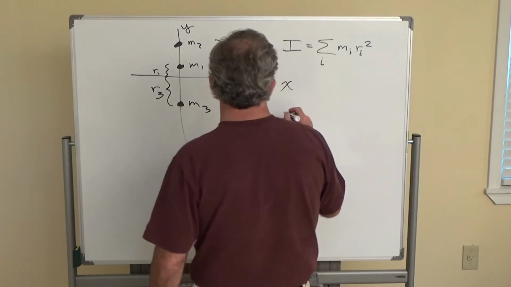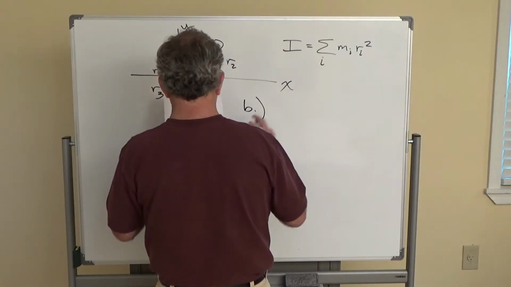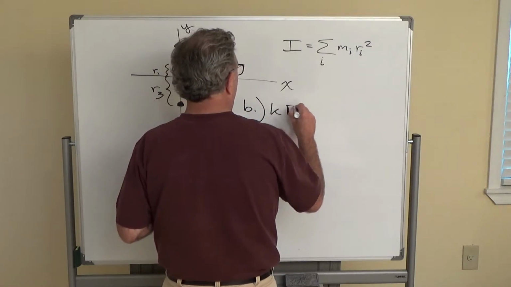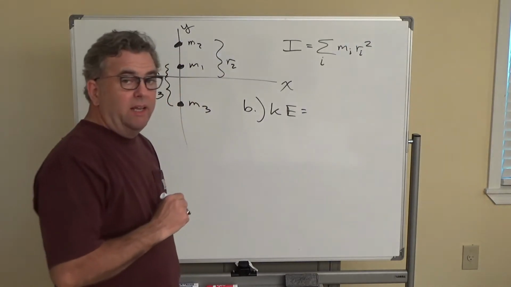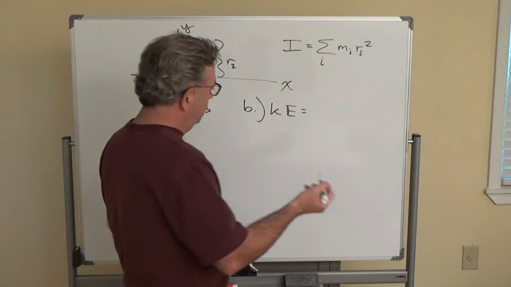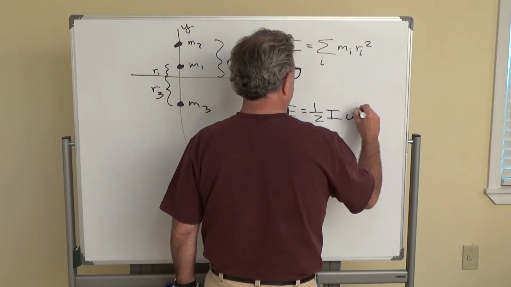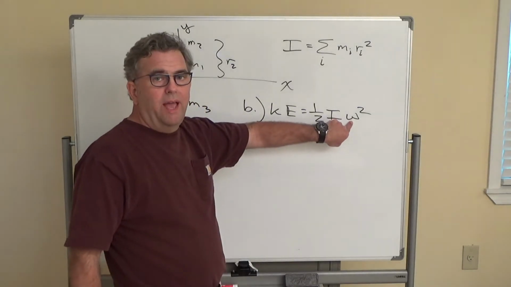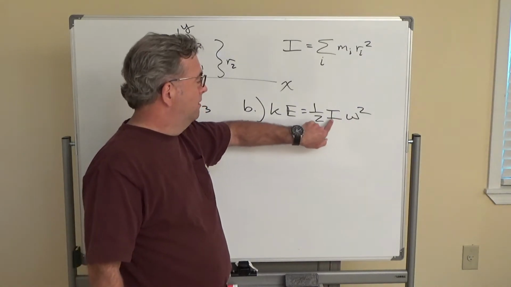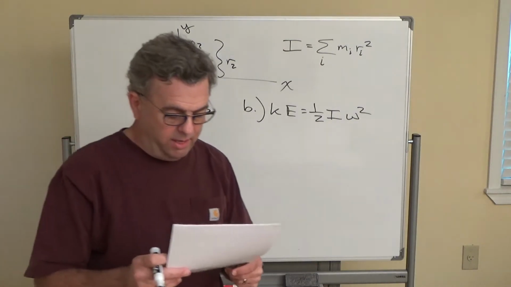That's part A. In part B, find the kinetic energy. Once you have that moment of inertia, the kinetic energy of rotation is 1/2 I omega squared. I think they give you the angular velocity, and you've just calculated the moment of inertia, so you can find the kinetic energy.